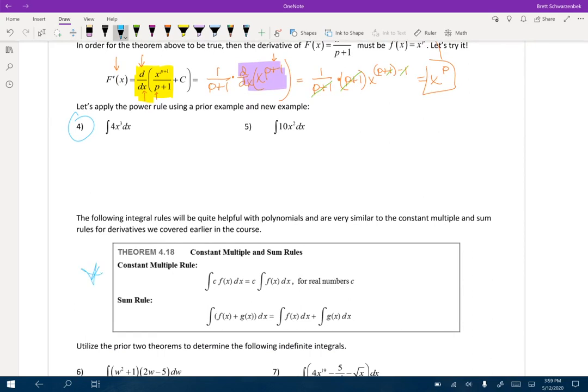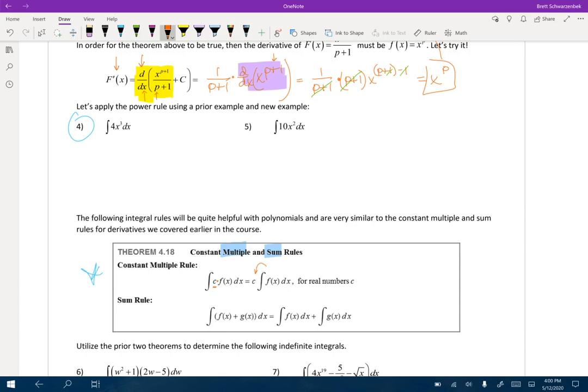It turns out that the rules that apply to derivatives in terms of multiples, sums, and differences are exactly the same for antiderivatives. For example, if you have a constant times a function and you take the antiderivative, you can move the constant outside and then take the antiderivative of the function itself.